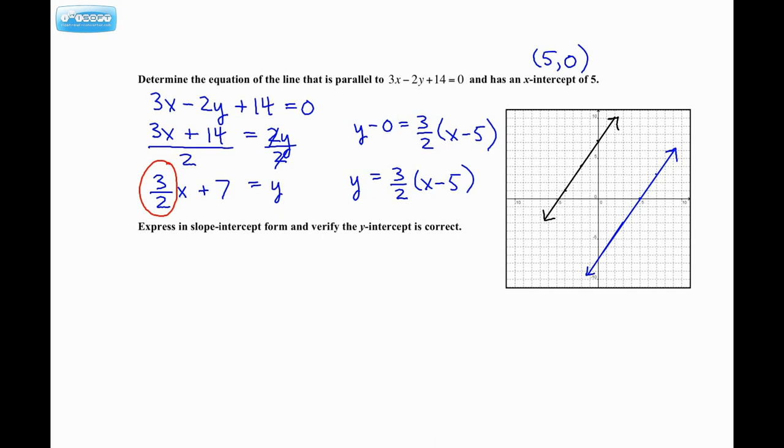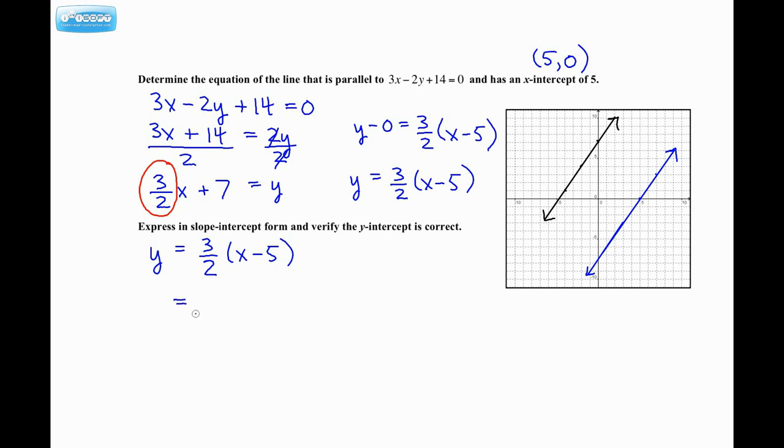Okay, so we want to take our equation and express it in slope-intercept form. Okay, so for that we need to isolate y, which, well, it actually already is, but we also don't want it looking like this. We don't want brackets. So we need to expand this out using distributive law.